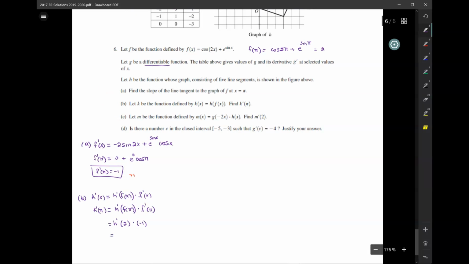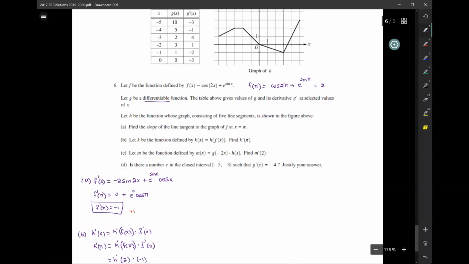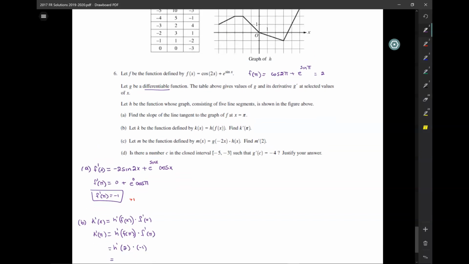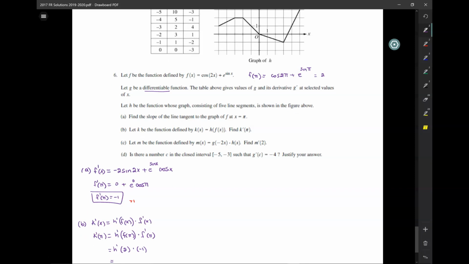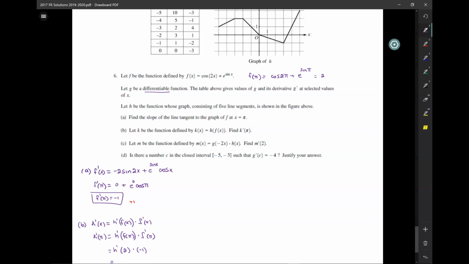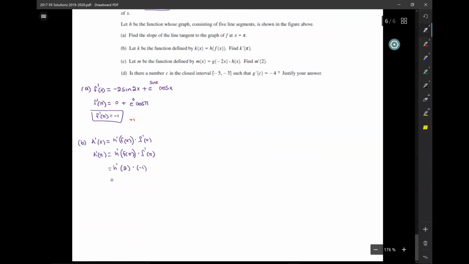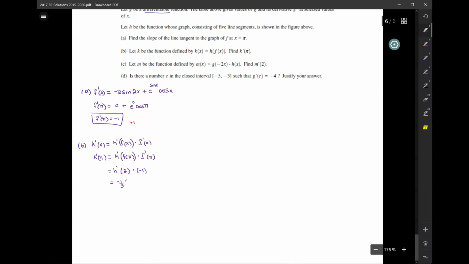Okay, and then what's h prime at 2? Yeah. So h prime at 2, this is 2. What's h prime? The slope of that one. H prime is the slope here, and what's the factor? Negative 1 over 3. So it's negative 1 over 3 times negative 1, 1 over 3. So that's kind of a fun one there.